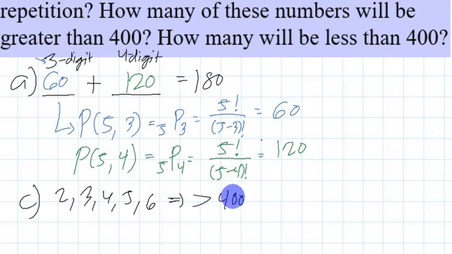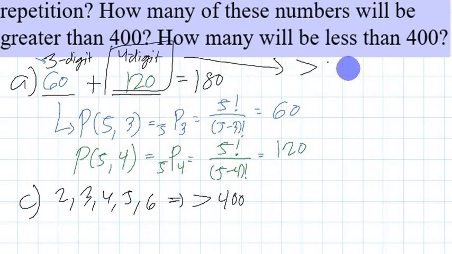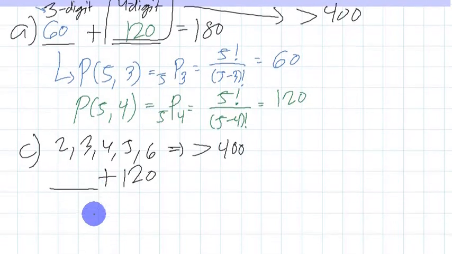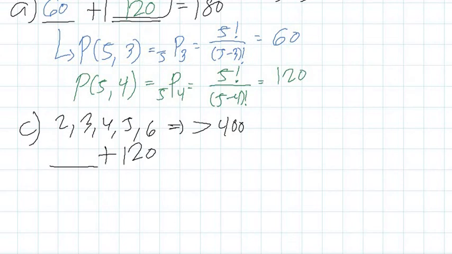If they have 4 digits, most probably they're greater than 400 already because 4-digit numbers are in the thousands. So we can already include the 120 in our computation. All we need to figure out are the 3-digit numbers greater than 400.